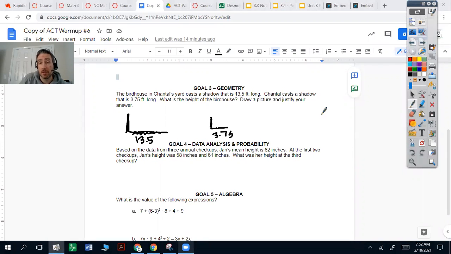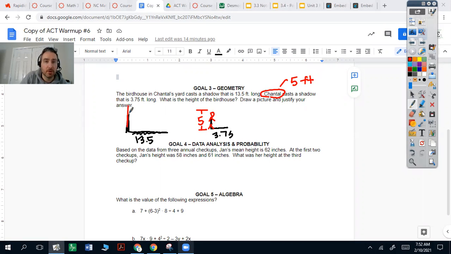There's some missing information in this problem. Chantal needs to know how tall she is. She is 5 feet tall. So we're going to put Chantal's height, she's standing right here, as 5 feet. If you didn't have her height, you wouldn't be able to figure out the birdhouse's height.